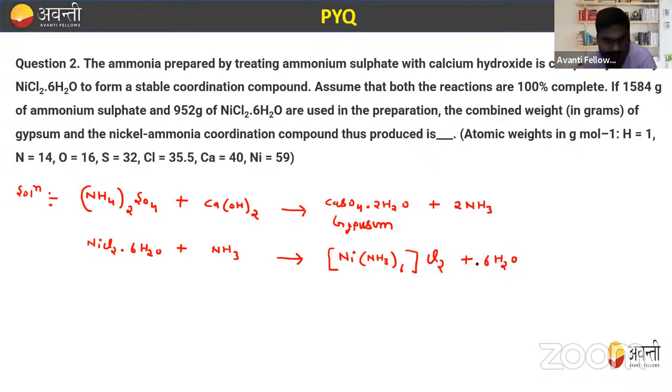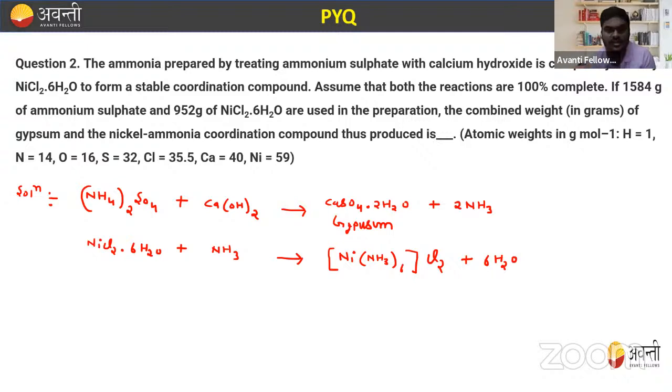So this is (NH4)2SO4 plus Ca(OH)2. This reacts to give CaSO4.2H2O, that is called gypsum, plus 2NH3. Now NiCl2.6H2O plus NH3 will give [Ni(NH3)6]Cl2 plus 6H2O.